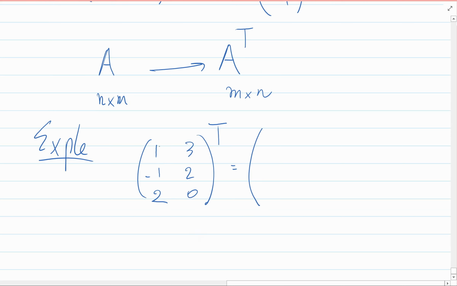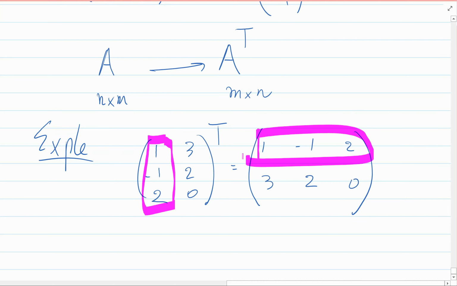The first column, 1, minus 1, 2, becomes the row 1, minus 1, 2. The other one is 3, 2, and 0. So we have the second column becoming the second row of A transpose.